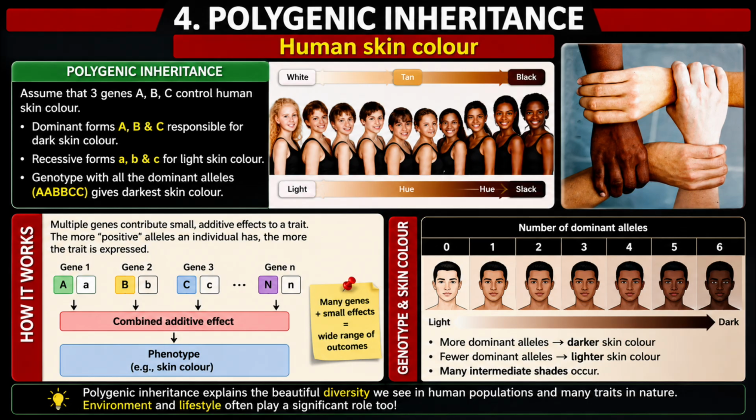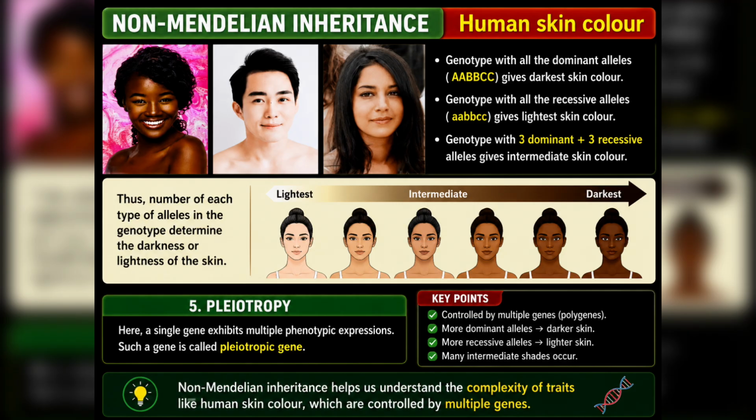little or no pigment. So, each dominant allele adds a small amount of pigment, therefore, the greater the number of dominant alleles, the darker the skin color. For example, a person with genotype capital A, capital A, capital B, capital B, capital C, capital C has 6 dominant alleles.